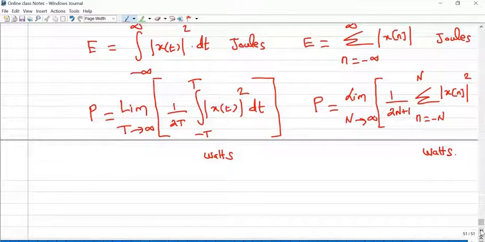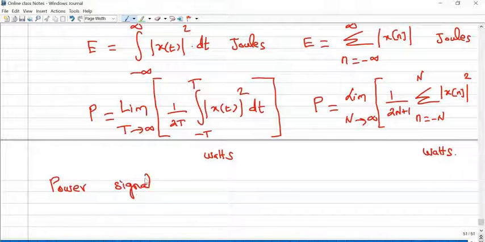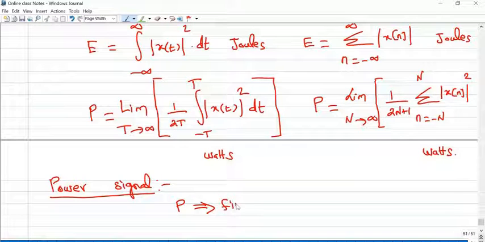Now, how to identify that the given signal is a power signal. A signal is said to be a power signal if the power of the particular signal is finite. After finding the power, it should be a finite value, and the energy of the particular signal should be infinite.